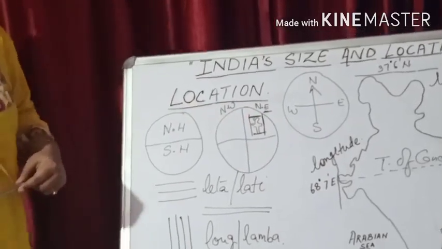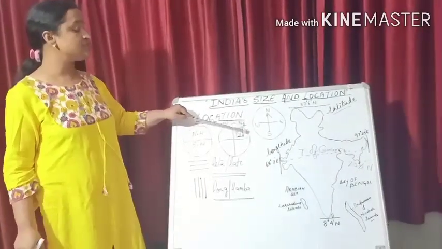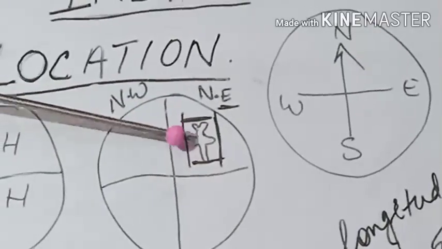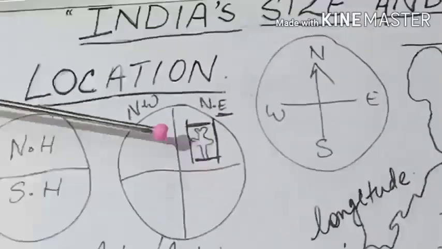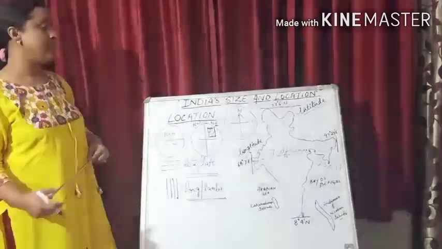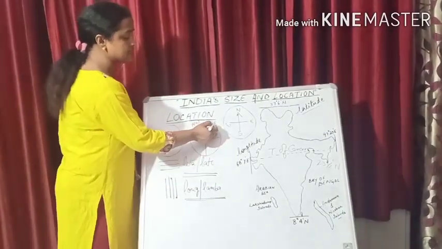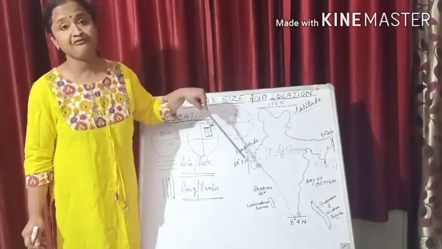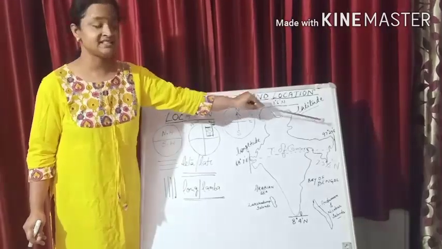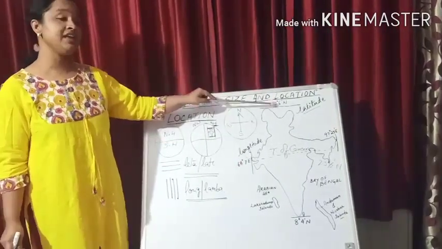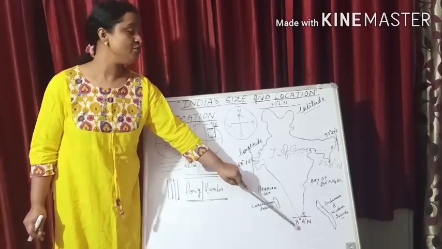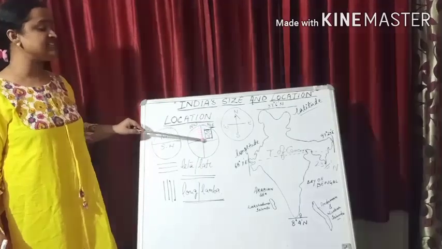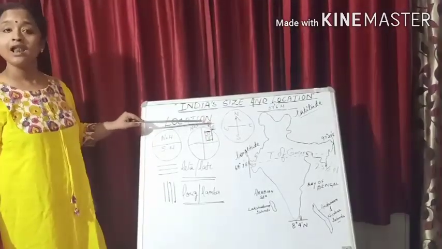So you can also say that India is bordered by four lines, the two latitudinal lines and the two longitudinal lines. As India lies in the northeastern hemisphere, both the areas, as you can see, I have written with the term east, and I have not written west. I have written north, but I have not written south. Both the areas are north, both the areas are east, and India lies in between these four lines.